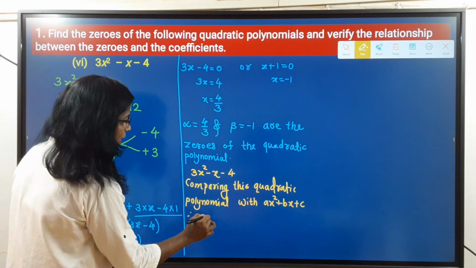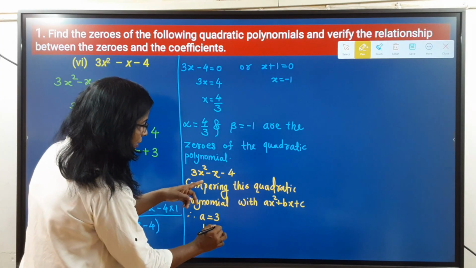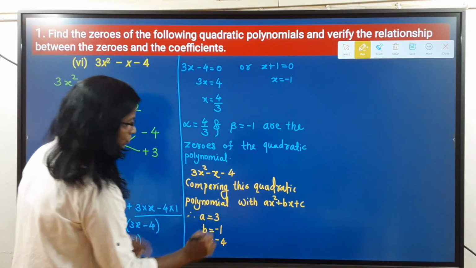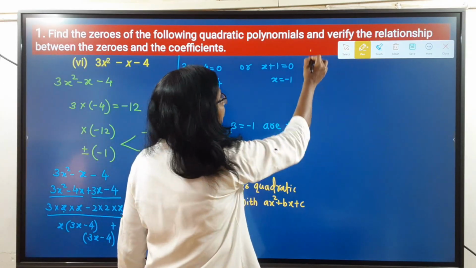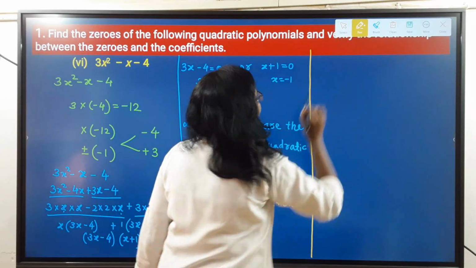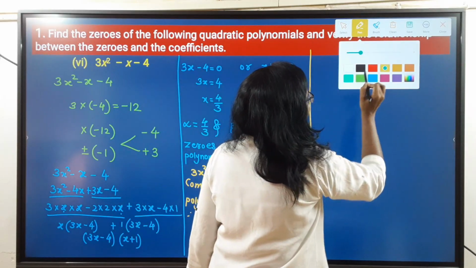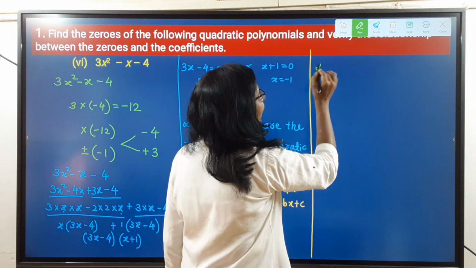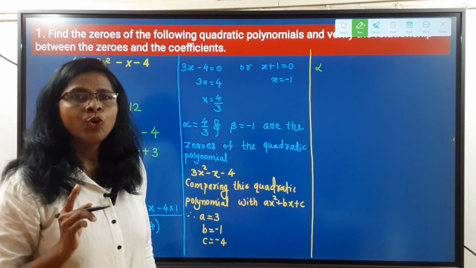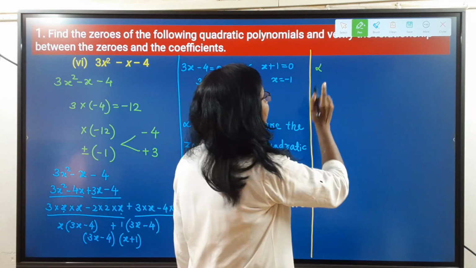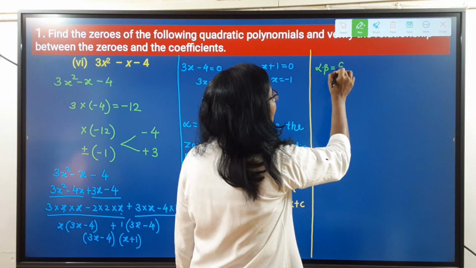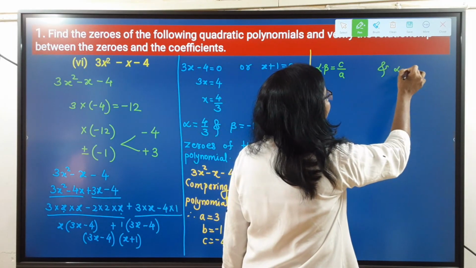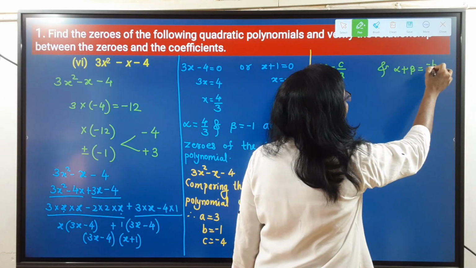Therefore, students, a is equal to 3, b is equal to minus 1, and c is equal to minus 4. Now, the next part, students, we have to verify the relationship between the coefficients and the zeros of the polynomial. That means we have to verify alpha into beta is equal to c upon a, and alpha plus beta is equal to minus b upon a.